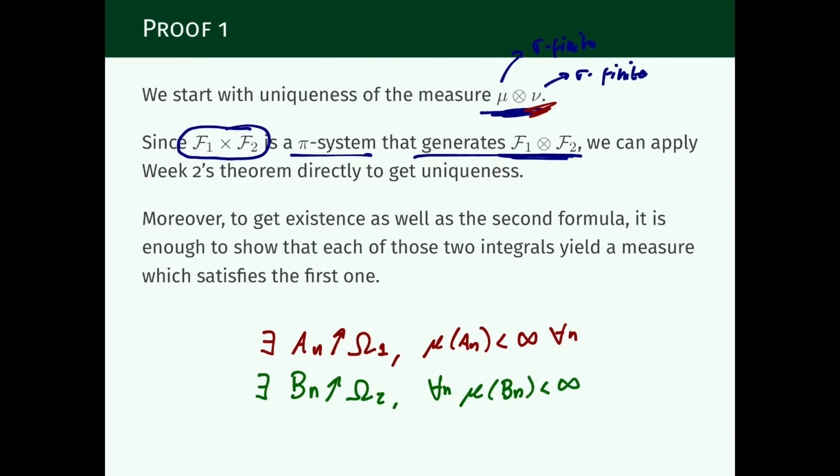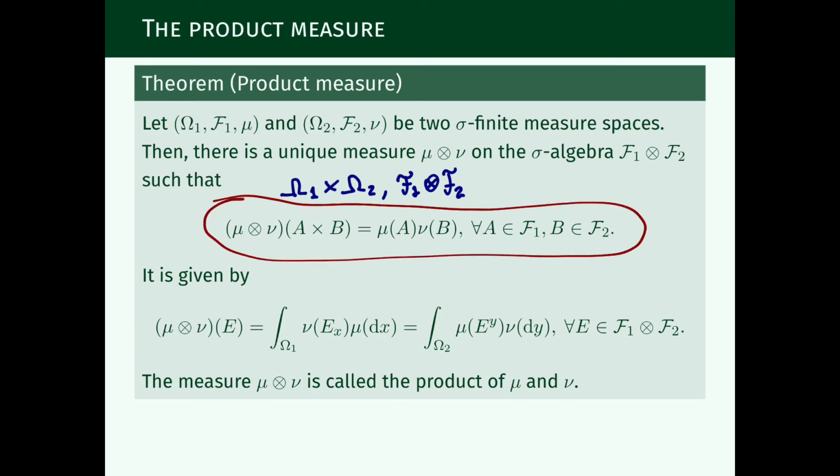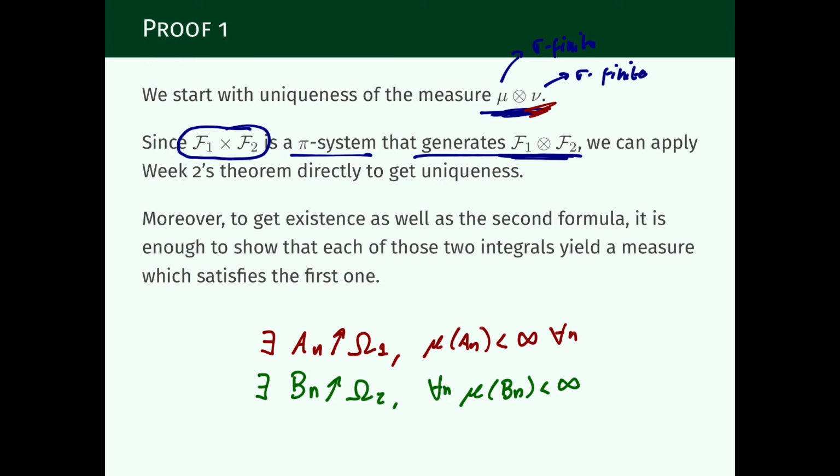Now, how do we show that every measure with this property is also sigma finite? Well, we just need to provide a sequence Dn that increases to the Cartesian product omega 1, omega 2, such that this measure mu cross nu of Dn is finite for every n. Well, it's very suggestive. We don't have much of a choice here with what we know.